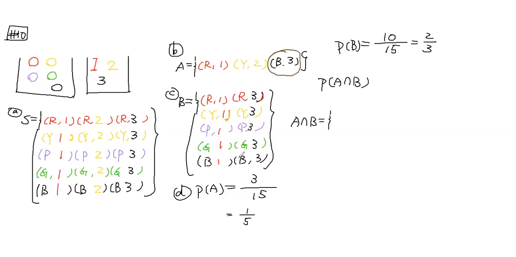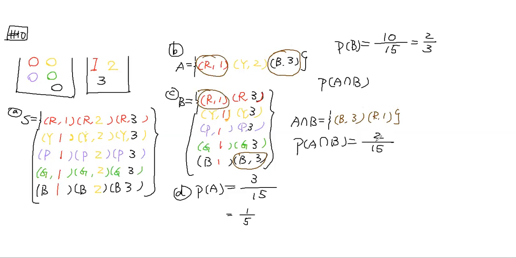It's B3, this is B3, right? So in the intersection I have B3. Any other? Oh yeah, R1 and R1 here, right? So A intersect B has 2 elements. That's why the probability of A intersect B will be 2 over 15, okay?